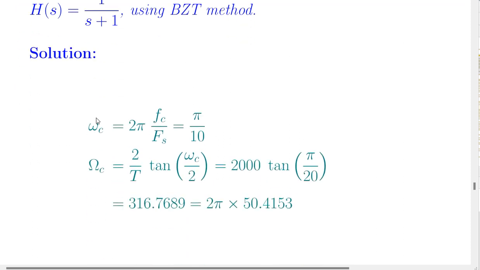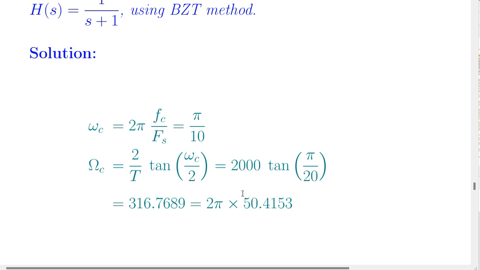Solution: the cutoff in analog will be pi over 10, which means here you see pi over 10, having capital Omega c. The cutoff in the analog domain will be somehow different from the 50 hertz declared in the digital environment. Instead, you'll have a tangent relation, leading to 50.4153 hertz.